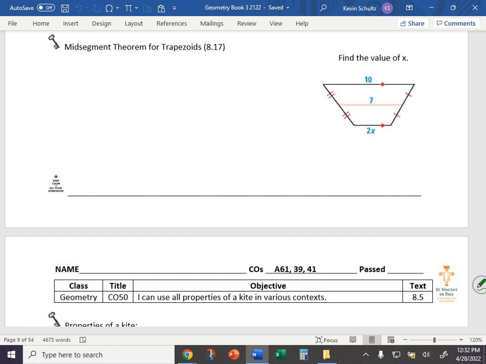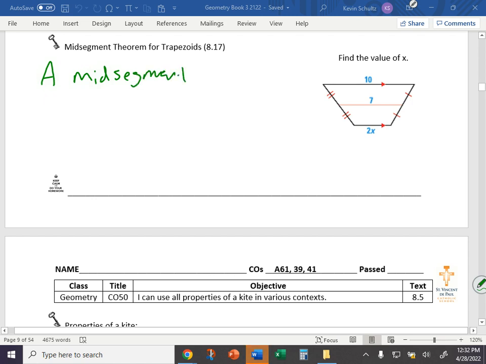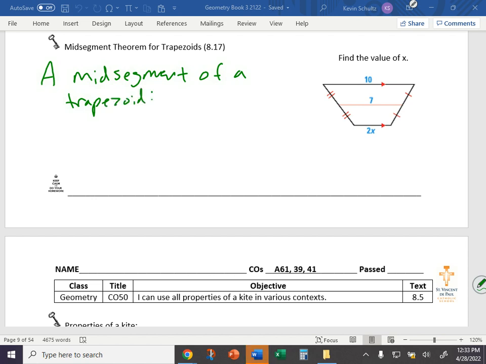In a mid-segment of a trapezoid, there are two properties that I want you to walk away with. Number one, it is parallel to the bases, which of course then brings in all sorts of angle relationships, corresponding, consecutive interior, things like that.